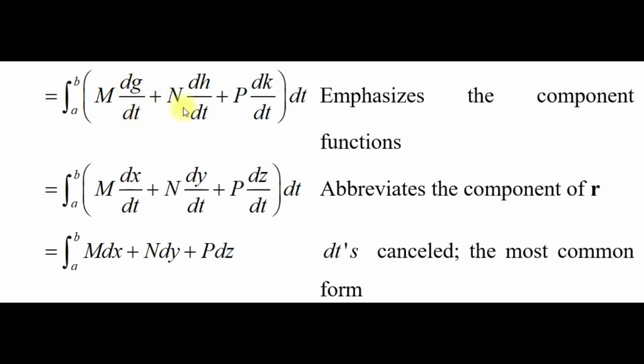Here dg by dt, dh by dt and dk by dt come from the vector valued function r of t is equal to g of t i plus h of t j plus k of t k. Instead of g, h and k, we can also use the abbreviated form involving x, y and z. So we get this form. If the dt's are cancelled, we get this form, integral from a to b of M dx plus N dy plus P dz.